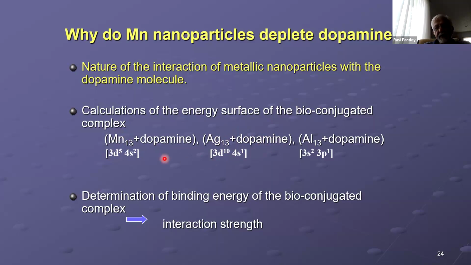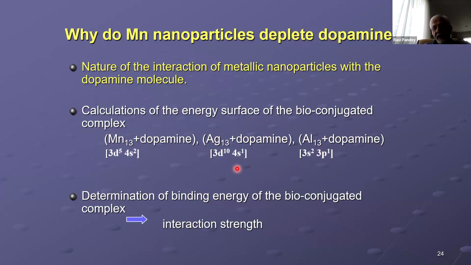Then we realized that, looking at the electronic configuration, manganese is 3d5 4s2 and silver is 3d10 4s1. So we thought we should have a reference case. If a d electron interacts with the dopamine and an s electron interacts with the dopamine, why not pick a p electron system?